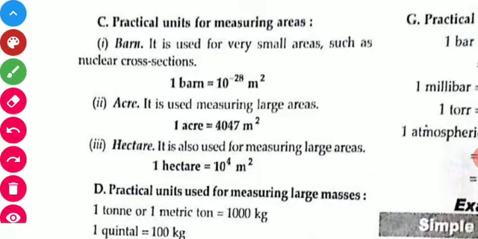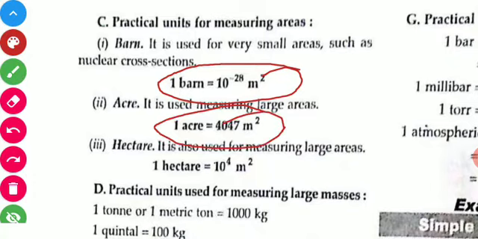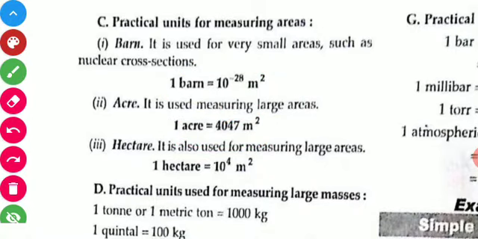You just remember the quantities. 1 barn is equal to 10 to the power minus 28 meter square, 1 acre is 0.4047 meter square, and 1 hectare is 10 to the power 4 meter square.